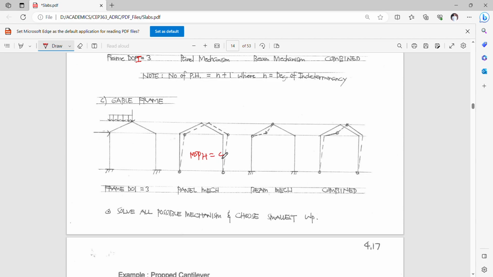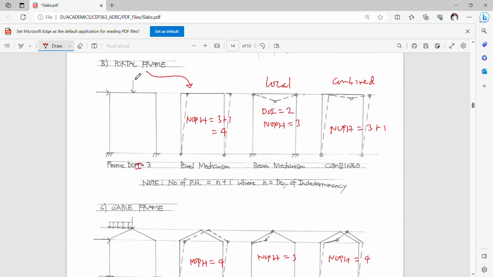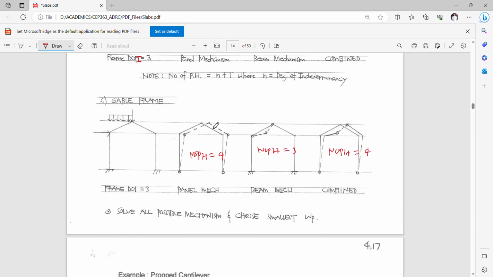For a local gable rafter failure, you only need 3, NOPH equals 3. And for the combined, we have again 4. So it's very similar to the failure mode of the previous system, which is a portal frame.